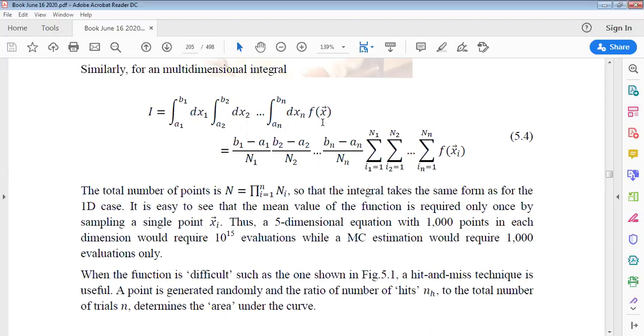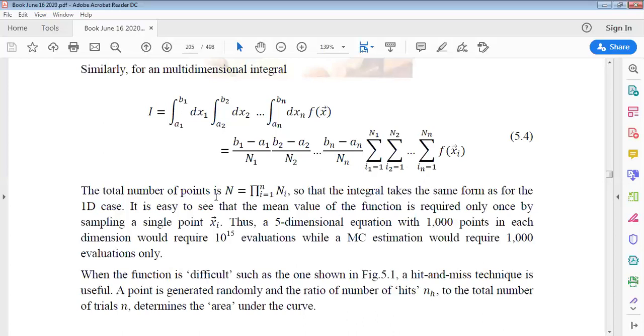So then this would be good, that you can again get the mean values over all the dimensions and express it like (b1 minus a1) over n, multiplied by the sum of n of these, and do the sampling of the vector xi, obtain the mean value and estimate the integral.